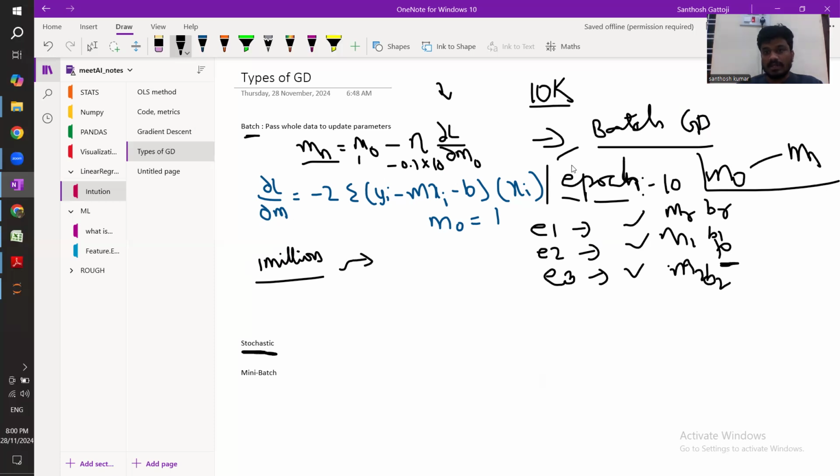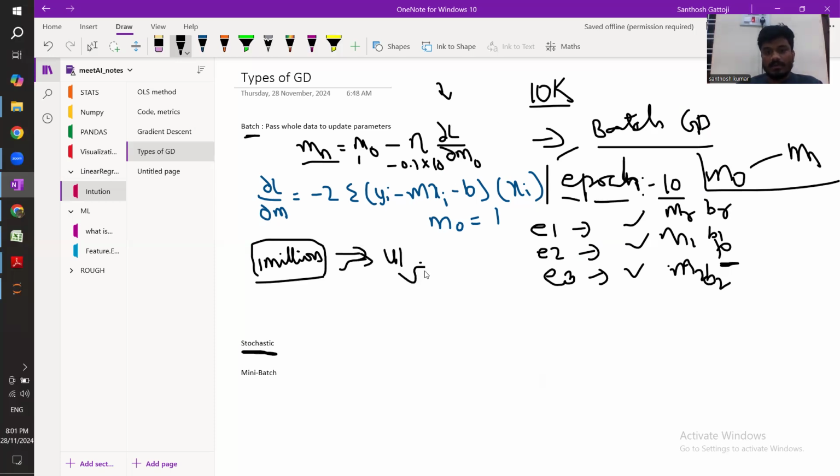Again, if you are trying 10 epochs, that means it will consider all the data points in every epoch. You need to calculate the loss for all the million points and it will update once.